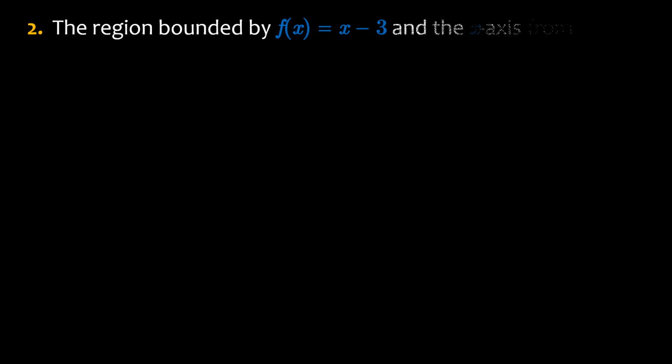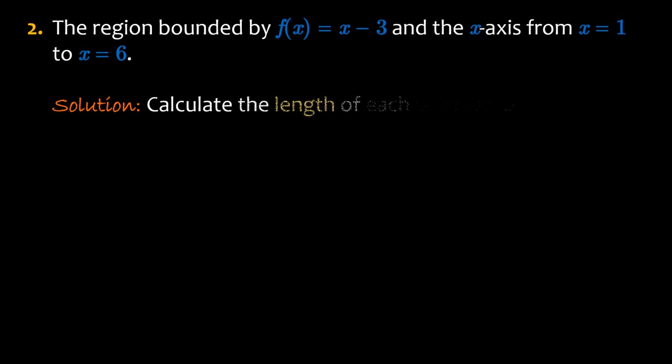Number 2. The region bounded by f of x equals x minus 3 and the x-axis from x equals 1 to x equals 6. Solution. Calculate the length of each subinterval.